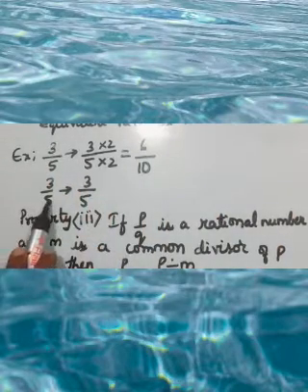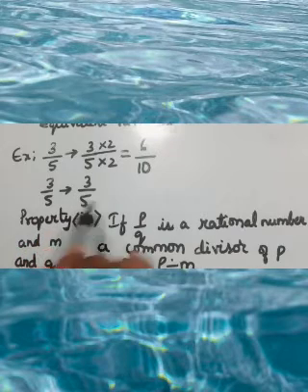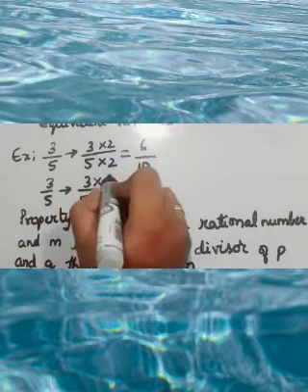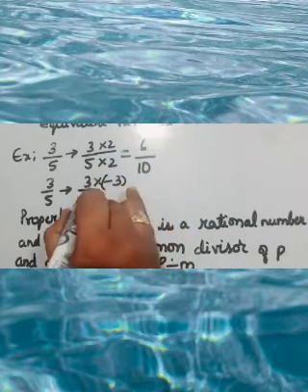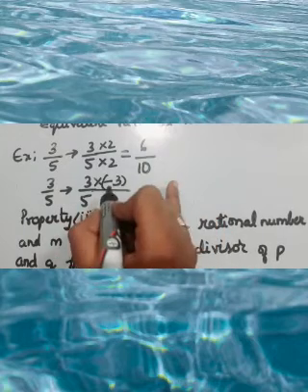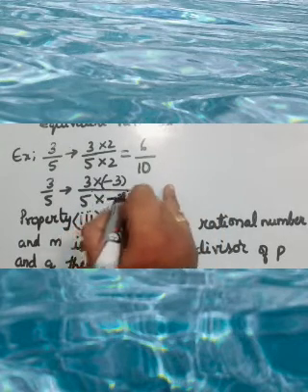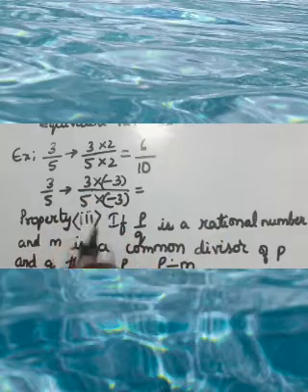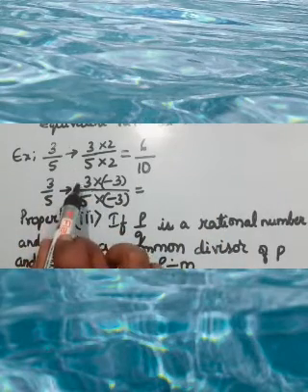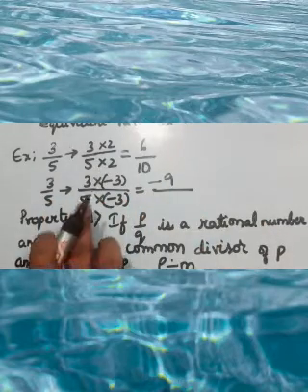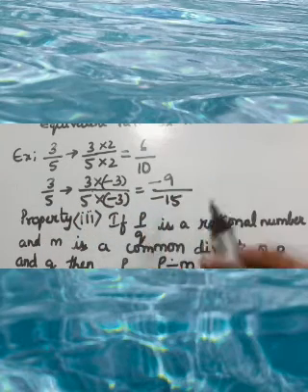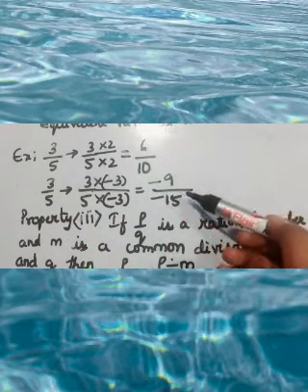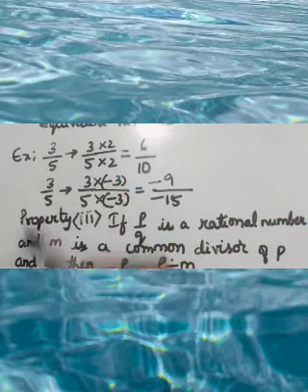Here, with the same rational number 3 by 5, I am multiplying the numerator with the integer minus 3. Then according to the property, I have to multiply the same integer minus 3 in the denominator. Now first multiply the sign, children. Plus into minus is minus, 3 3s are 9. In the denominator, plus into minus, minus, 5 3s are 15. So these are the equivalent rational numbers for the rational number 3 by 5.